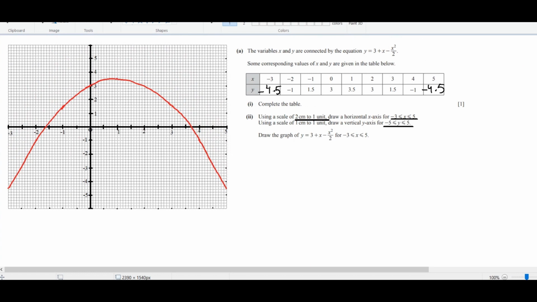So I've connected the points in a smooth curve. It doesn't have to be accurate. Okay, so now that we have completed the table and drawn the graph, let's move on.